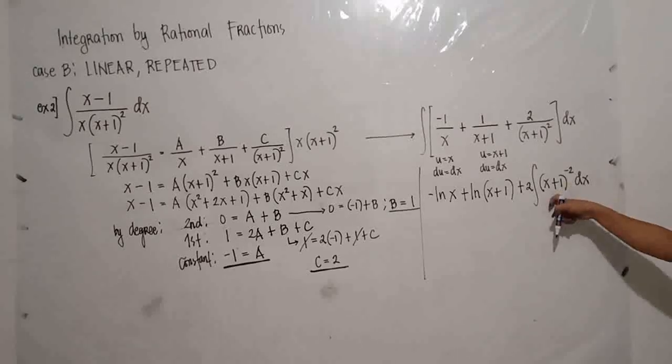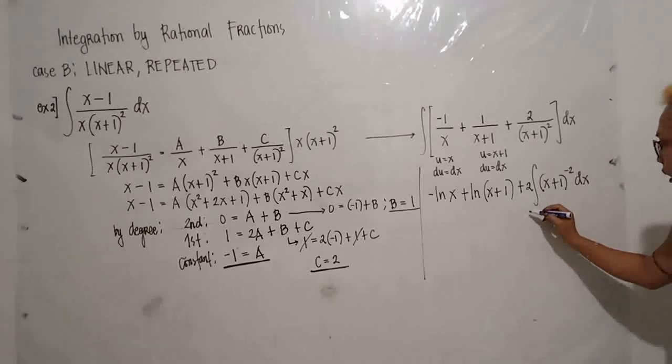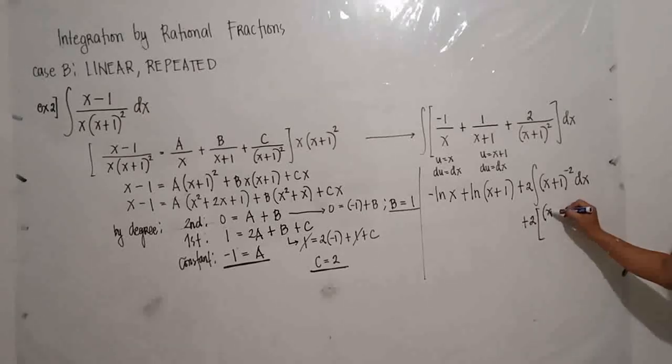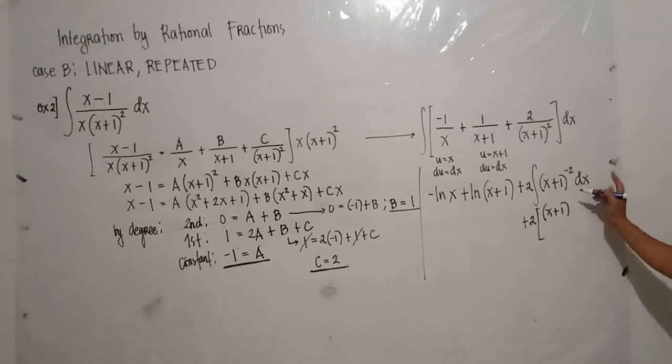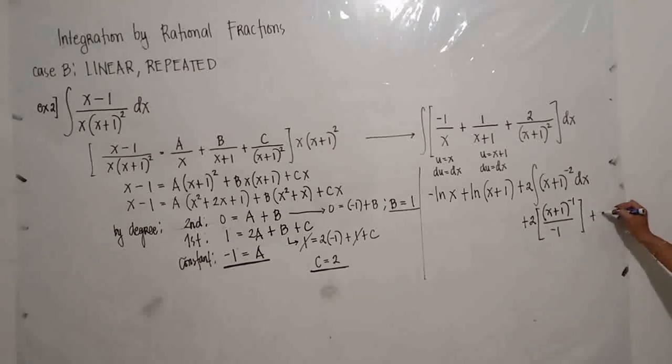So you will have u raised to negative 2 du. So ang mangyayari is u raised to negative 2 plus 1 over negative 2 plus 1. So you will have plus 2, then x plus 1 raised to negative 2 plus 1 is negative 1. So that's raised to negative 1 over negative 1 plus c.